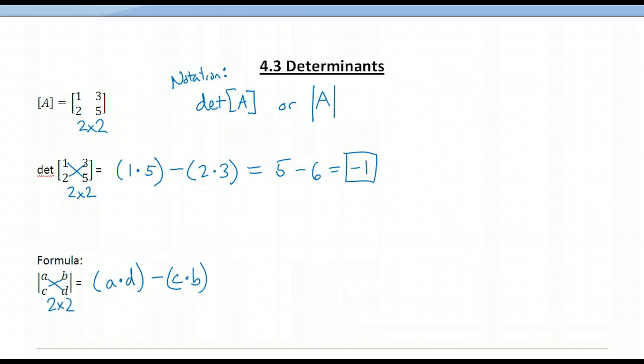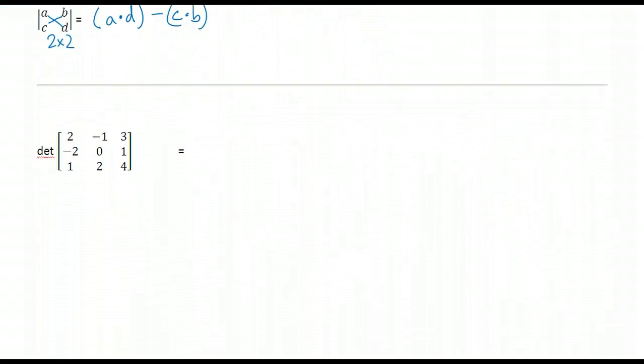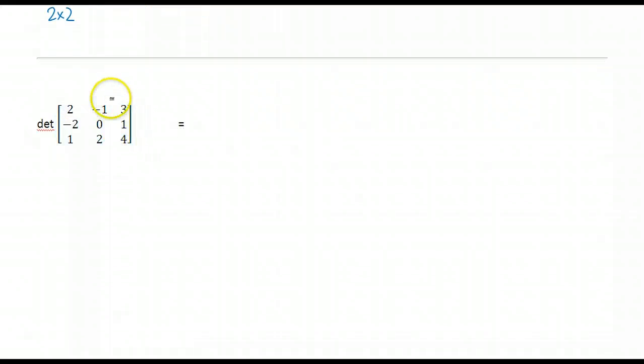Now let's look at a 3 by 3 matrix. A 3 by 3 matrix becomes a lot more complicated. My first diagonal, 2 times 0 times 4.